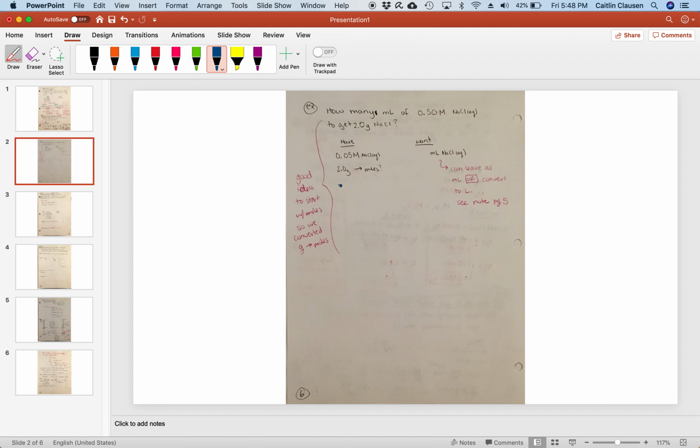So this is 2.0 grams sodium chloride. The molar mass of sodium chloride is 58.443 grams for every mole. If you do the math and follow sig figs, you should get an answer that only has 2 significant figures, and that would be 0.034 moles of NaCl.